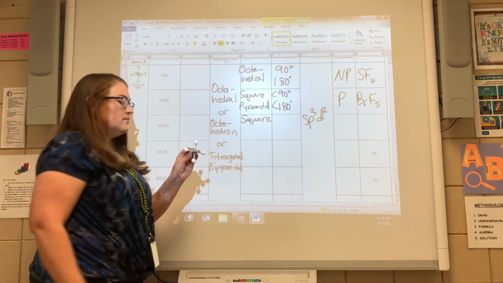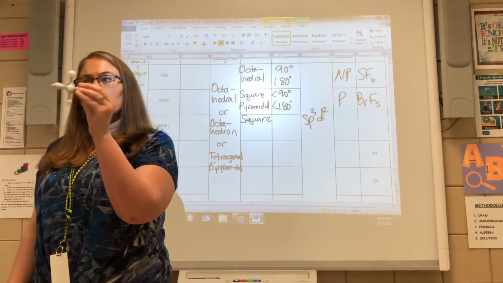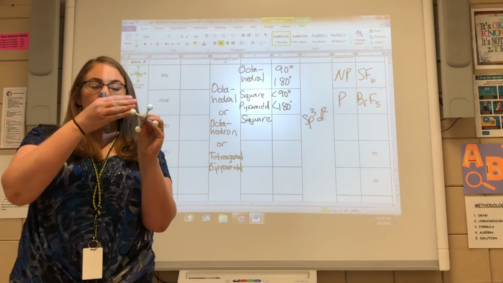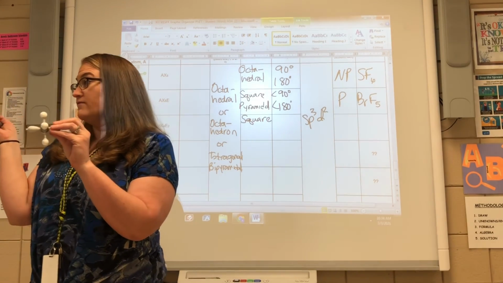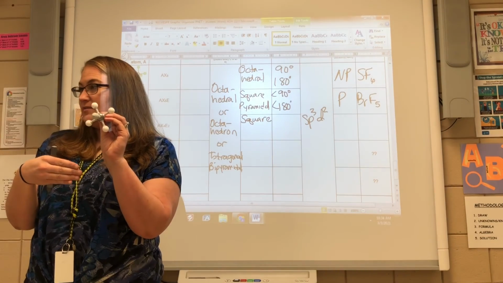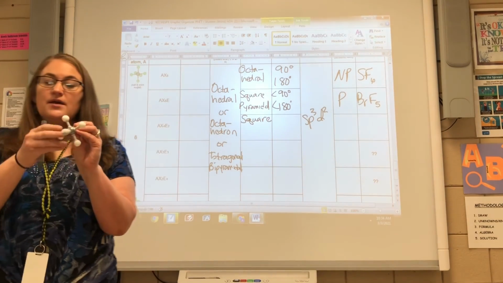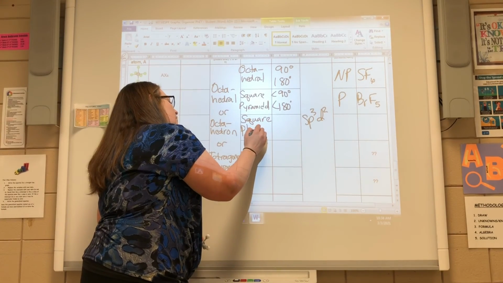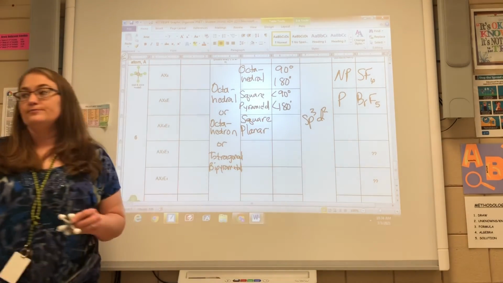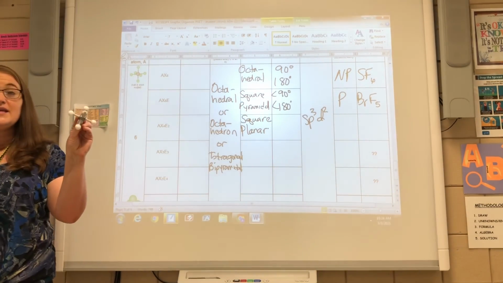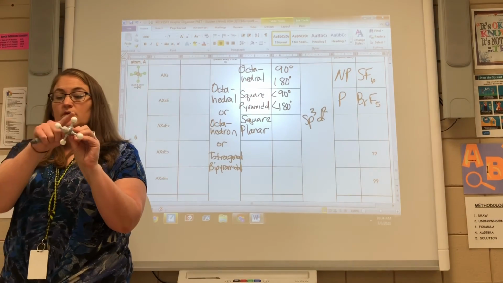But is it like a cube square? No, it's a flat square, right? Here's a math term for you, could we say it's on one plane? Y'all use that terminology in math? The plane, it's on one plane. So we're going to call it a square planar. Because it's not like a cube, it's not 3D, it's just 2D, where we see the square.